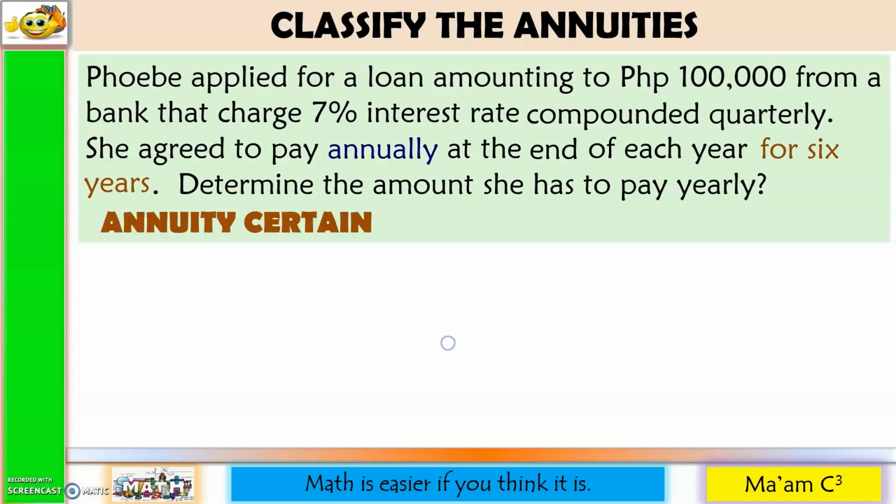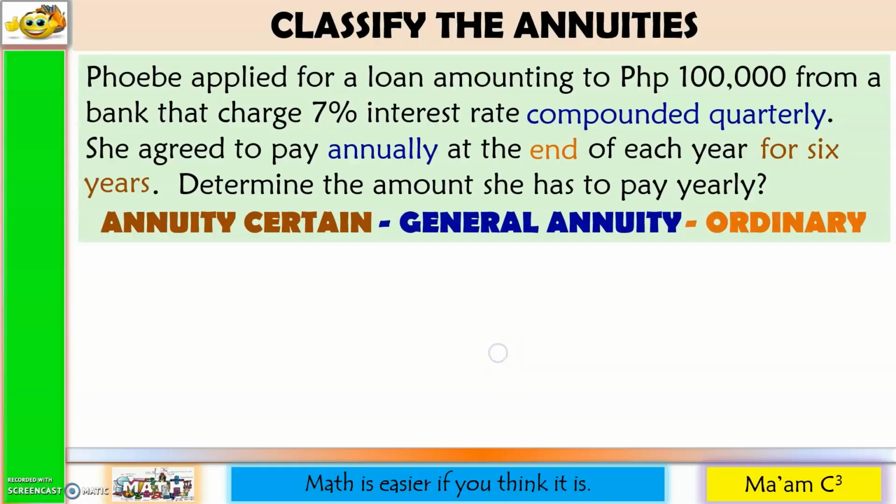Payment will be done annually, while interest is compounded quarterly. The interval of payment does not coincide with the conversion period, so this is general annuity. The payment is to be done at the end of each year, so this is ordinary annuity.